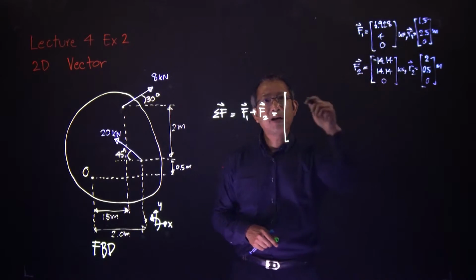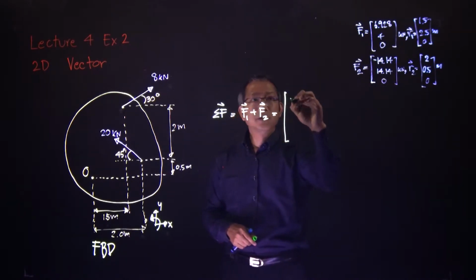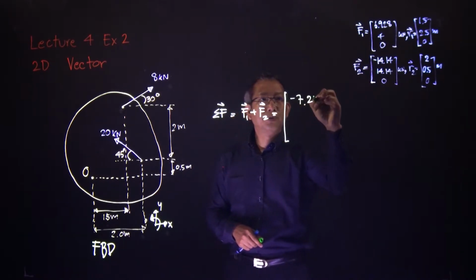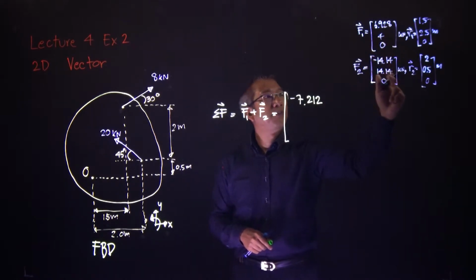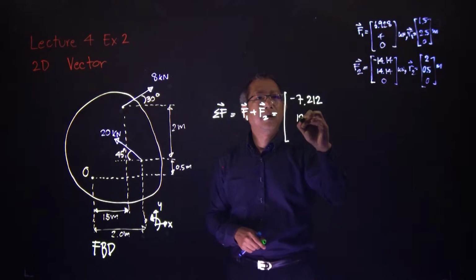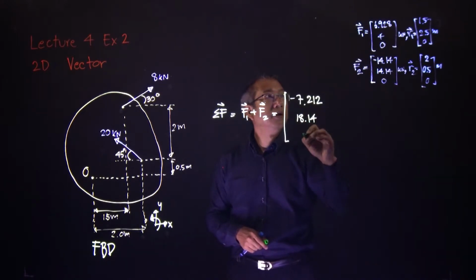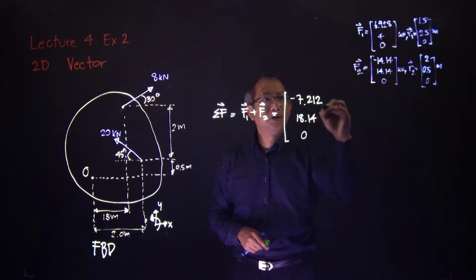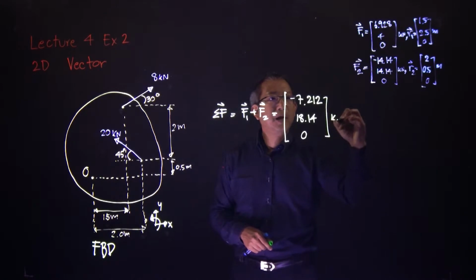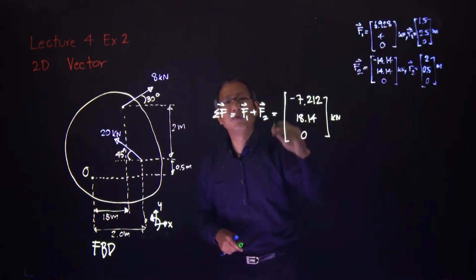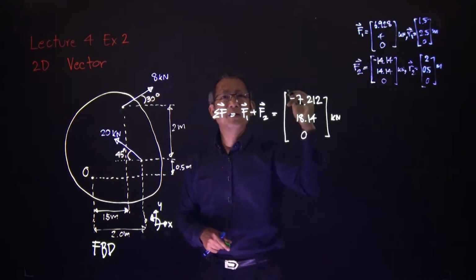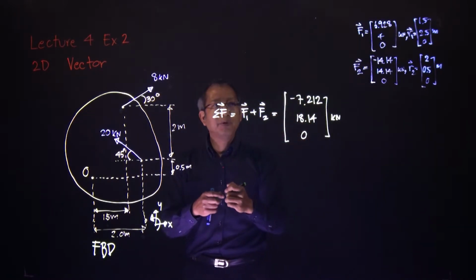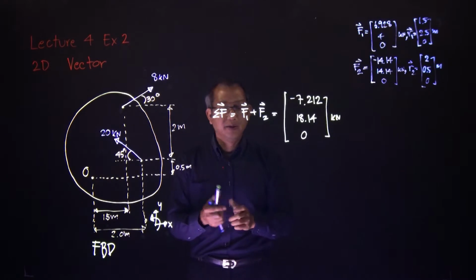So that combined is equal to minus 7.212 kilonewton. Second slot, 4 and 14.14 become 18.14, and then of course the last slot is 0. Now that is actually the answer already. Well, almost the answer, but not in the right form yet. So we have to interpret it a little bit further.